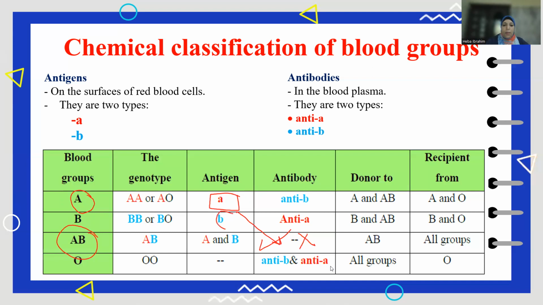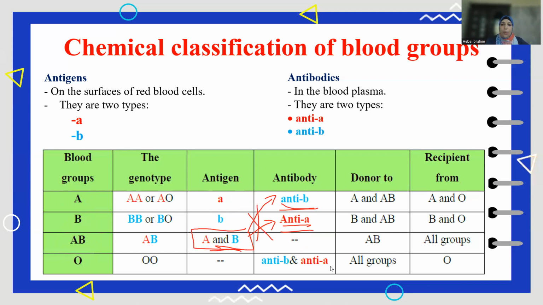What about B? The same case, there are no antibodies to react with this antigen, so it's safe to transfer blood from B to AB. But what about the opposite? Can we transfer blood from AB to A or B? Never, because the antigens will react with the antibodies.